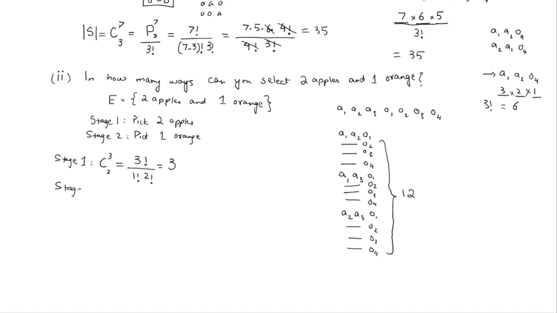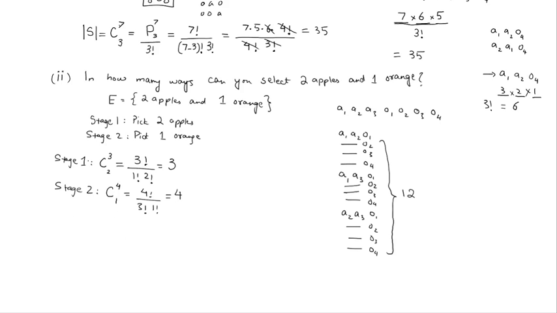Stage 2, you have to pick 1 orange from 4. How many different ways? C(4,1), which is 4 factorial over 3 factorial times 1 factorial, which comes out to be 4.